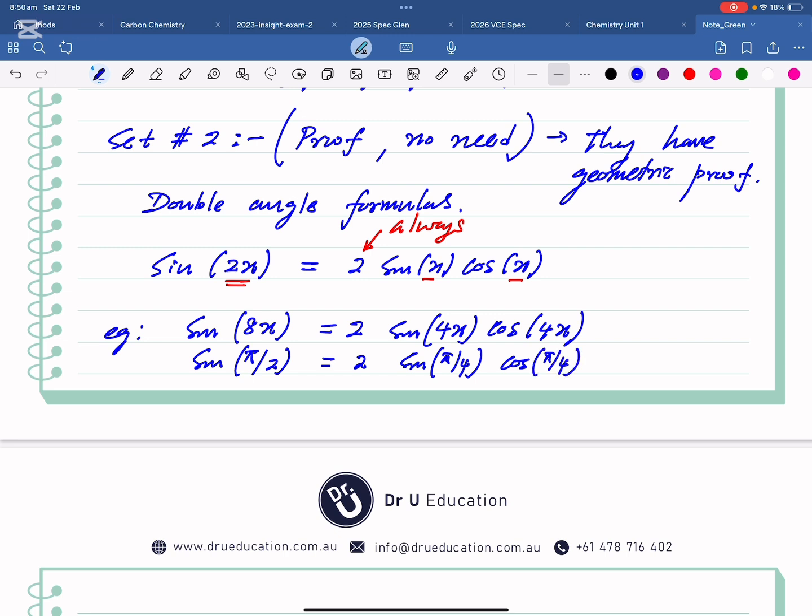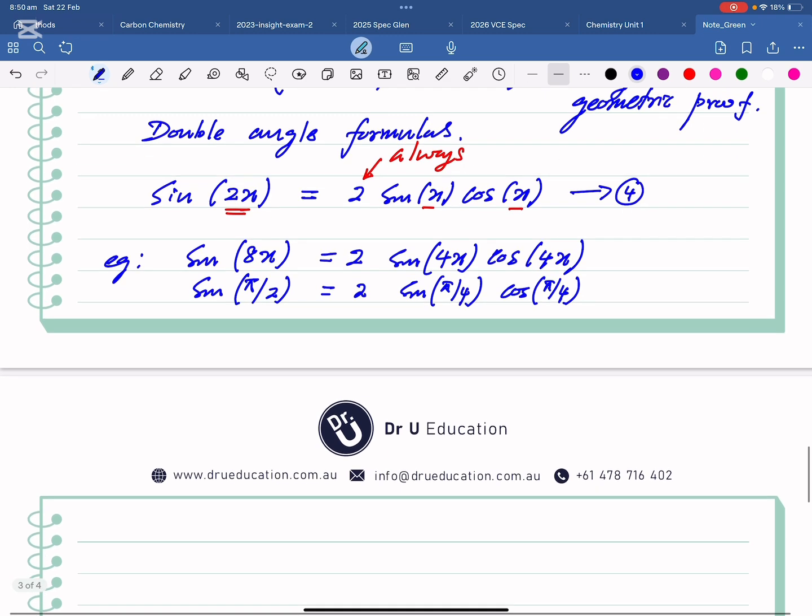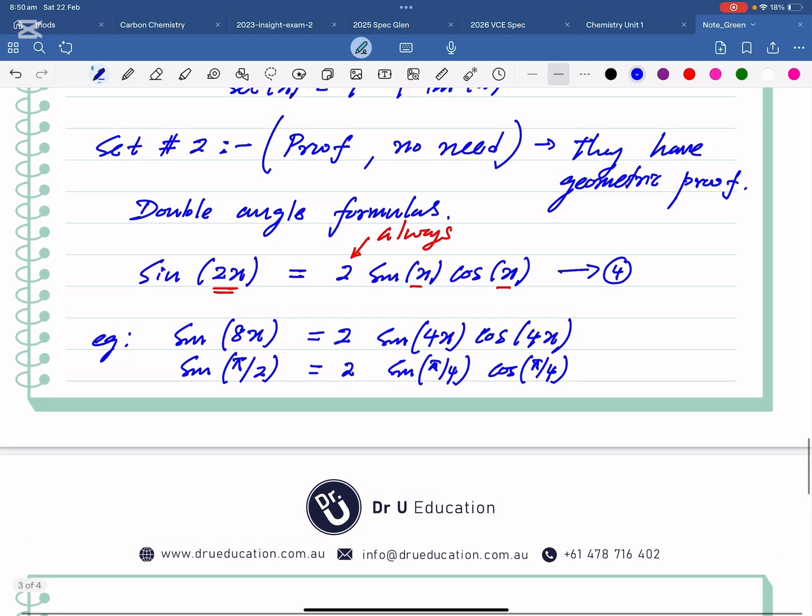That's it. Use cases we will see in the future. Once you know that, that's it. So this is now, I think, our fourth one in set 2. Common sense tells us if we have this double angle concept for sine, we should have the double angle concept for cos as well, and tan as well. But proof is not needed. We have to know that.